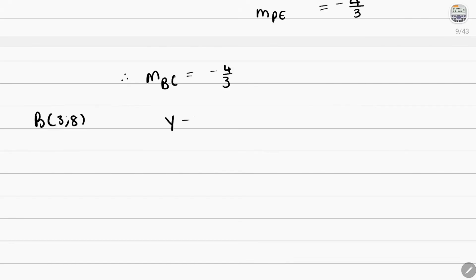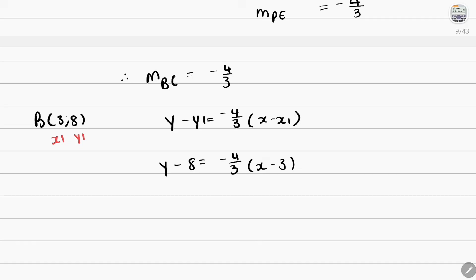So y minus y1 is equal to our gradient, negative 4 over 3, times x minus x1. Our y1 and x1 are the points we're substituting: 3 and the y value is 8. So y minus 8 is equal to negative 4 over 3 times x minus 3.